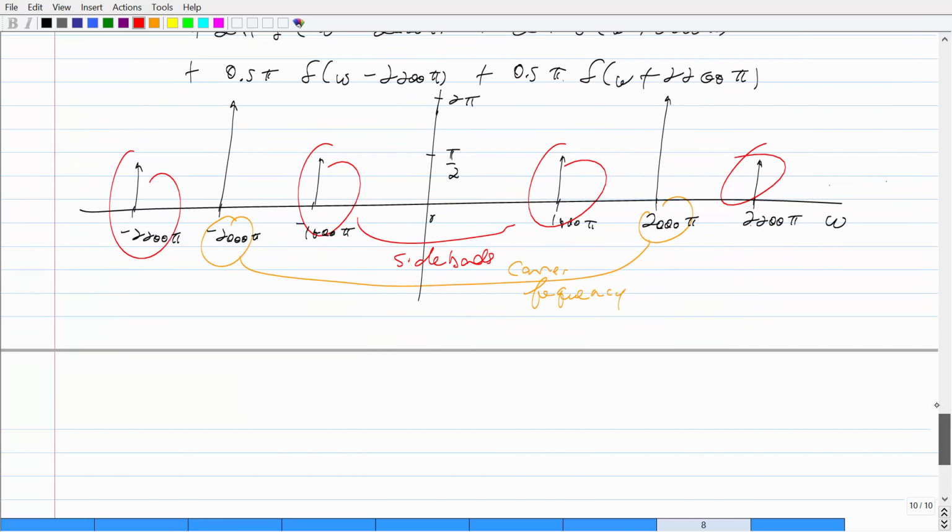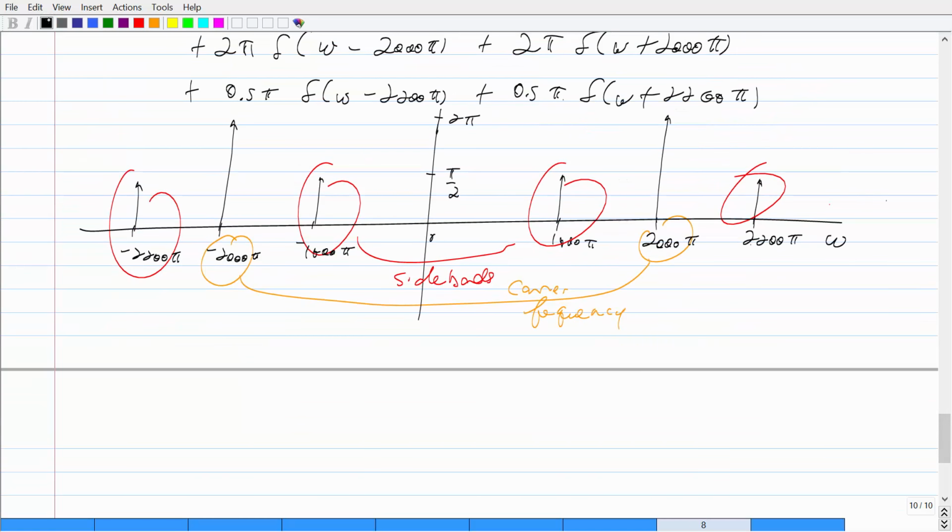So if you remember what the time domain signal was for the amplitude modulation, it was A plus m of t, cosine omega c t, okay? So we know for a fact that omega c is going to be 2000 pi. And we also see here that when you take the Fourier transform, you're multiplying by pi.